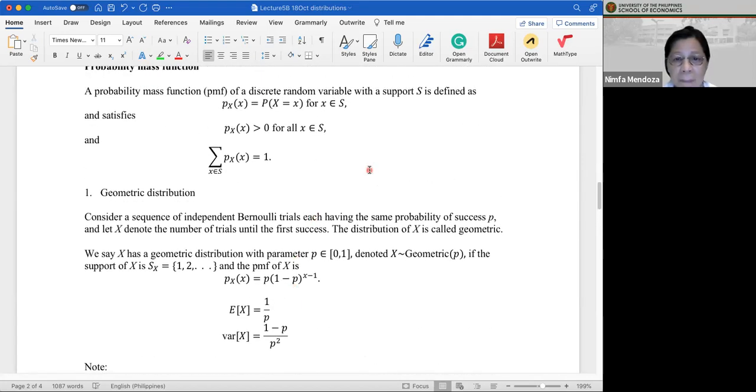So for example, let's say the Bernoulli trials is the birds.